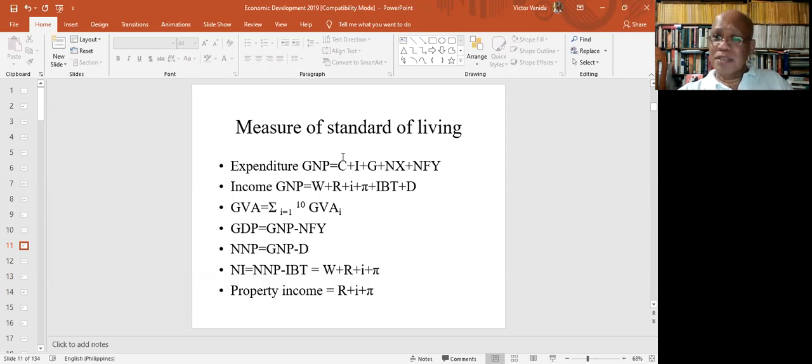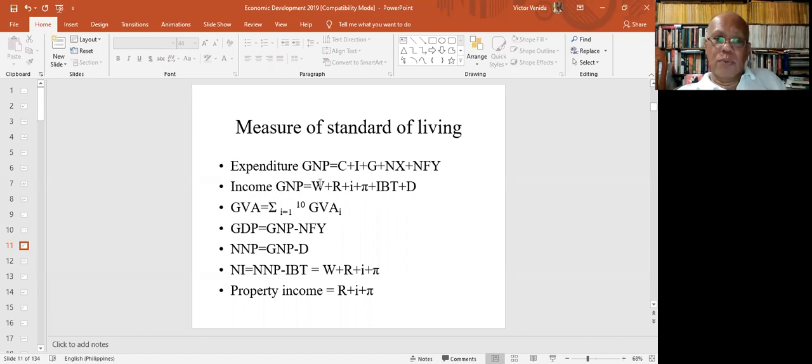Especially business firms that sell consumer goods, like from retail and wholesale establishments, like sales of SM, Robinsons, and the like. Investment expenditure, again, the information comes from business firms, business establishments. The same with net exports and net factor income data, they're obtained from the banks. Okay.